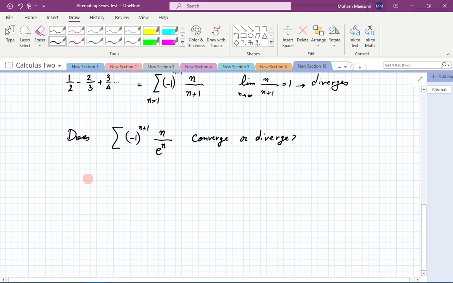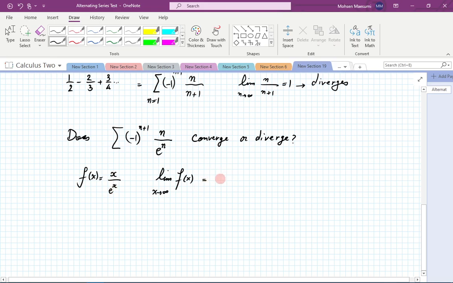So if you define a function f of x, it's x over e to the x, and then if we ask what is the limit of f of x as x goes to infinity, well, you can use L'Hopital's rule. Notice that this goes to infinity, this goes to infinity, so it's a good case for L'Hopital.